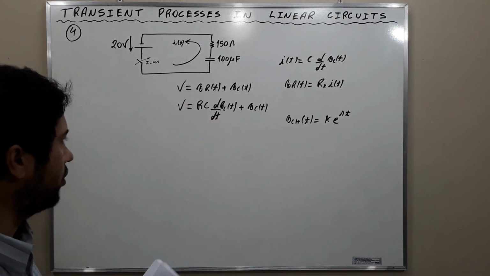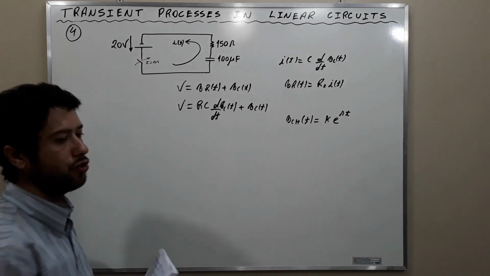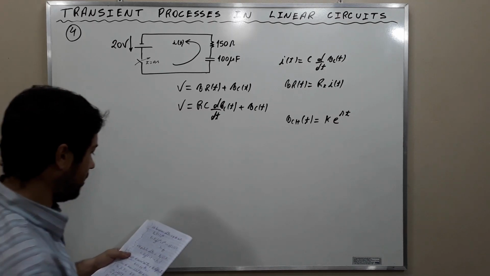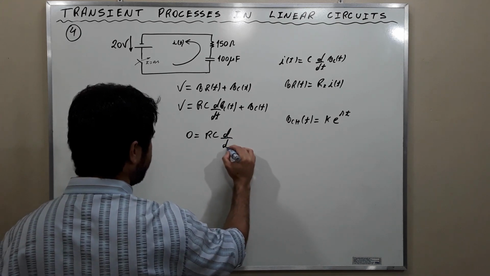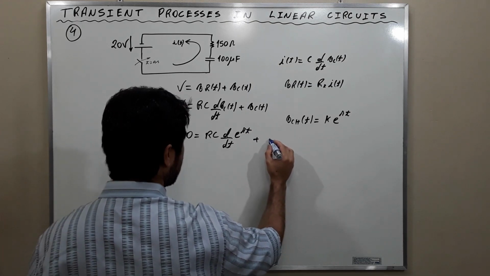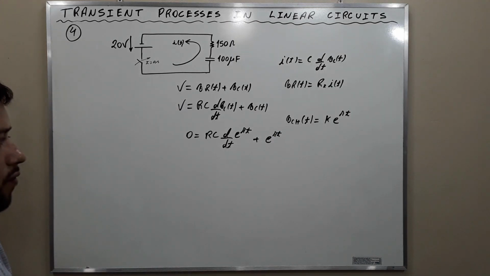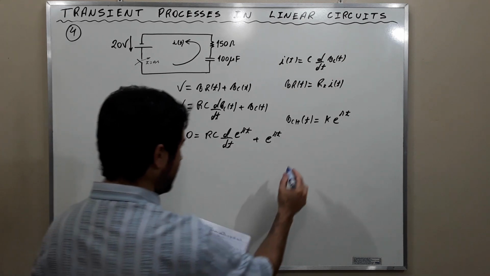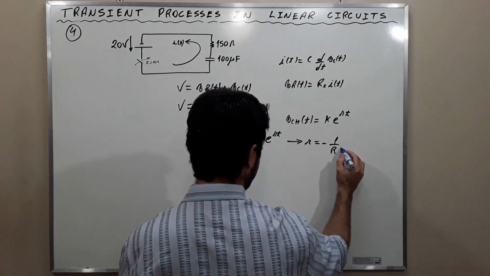If we apply this to the differential equation, but bearing in mind that for the homogeneous solution, the forcing term is set to 0, okay? Then it is going to be 0 equal to RC times the derivative with respect to time of K e raised to the power of rt plus K e raised to the power of rt. And from this we get that r is equal to minus 1 over RC.